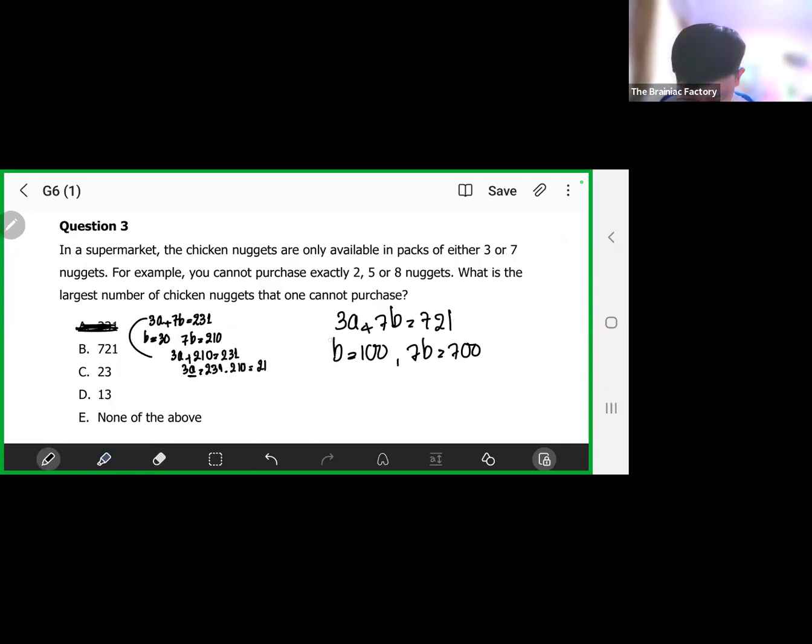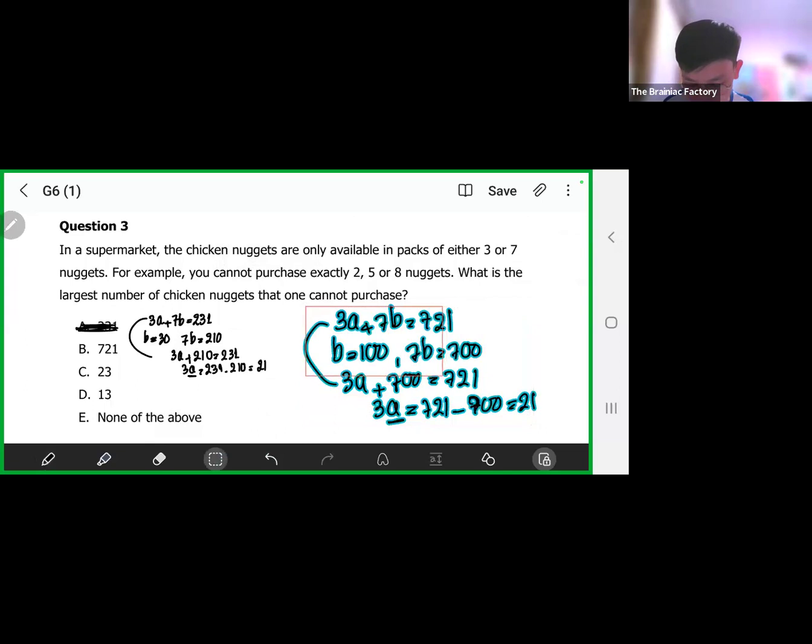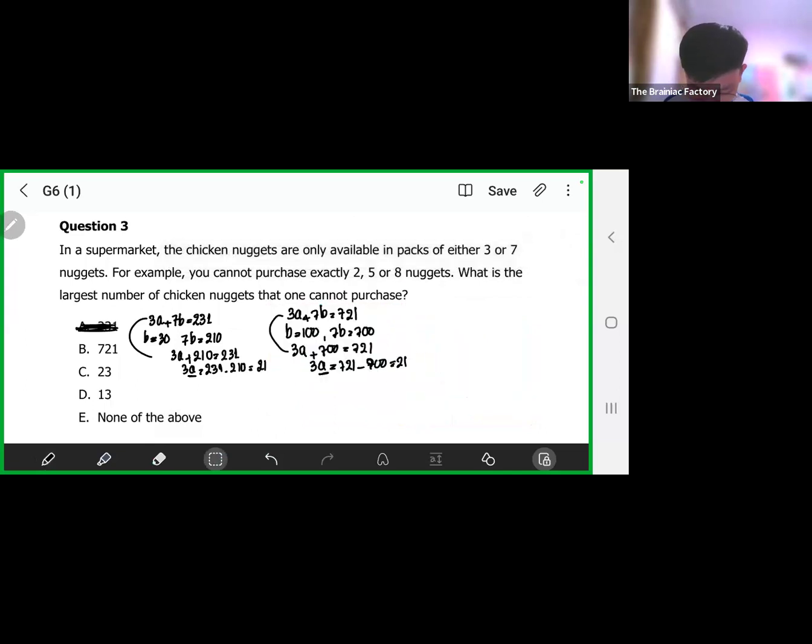Then 3A plus 700 equals 721, so 3A is 721 minus 700, which is 21. As in the previous question, this little a is an integer, so B is also not the answer. We're going to cross out B.